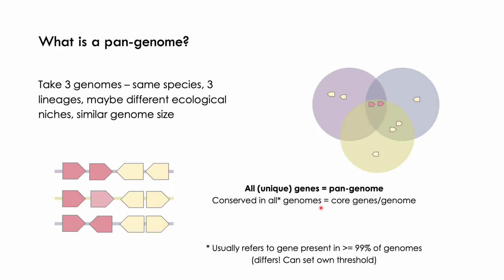This is usually referring to 99%, in this case I've used 100%, but it often refers to the threshold of 99%. So if a gene is conserved in 99 or more % of your data set, this is set by the user. So depending on your data set, you might actually need to change this. You might bring it down, you might keep it at 99%.